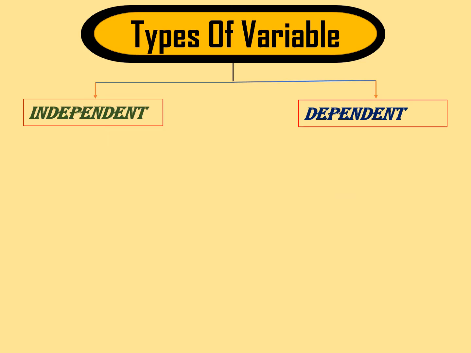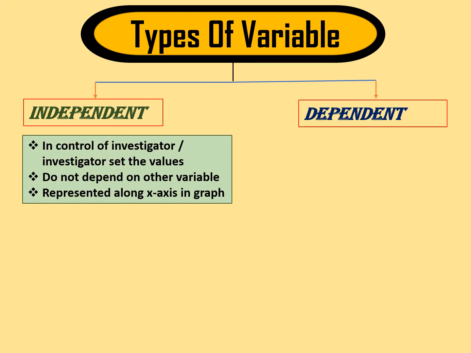We are moving toward the further questions, and these questions also depend on the following information. For example, independent and dependent variables. Independent variables are under the control of the investigator, meaning the investigator can set the values of these independent variables, and they do not depend on other variables, and they are represented along the x-axis in the graph.